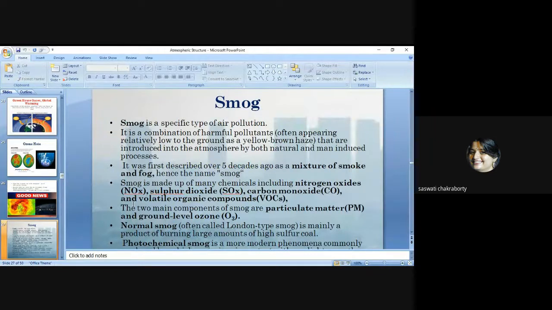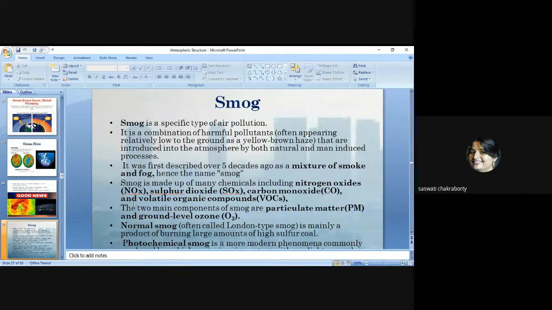Then smog. We read about smog. Now, what is smog? Smog is a specific type of air pollution, and as the name suggests, it's a mixture of smoke and fog.